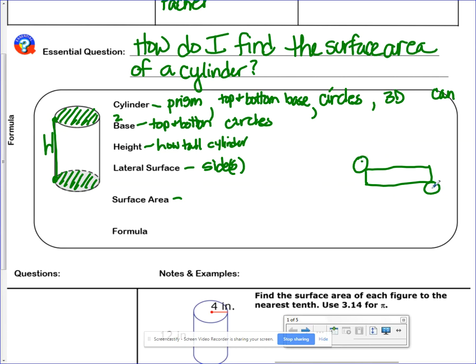So you have a top, a bottom, and the sides. We often call it the two bases, top and bottom, and one lateral face or lateral surface, which is the side. When I talk about surface area of a cylinder, I just mean the grand total of all areas.